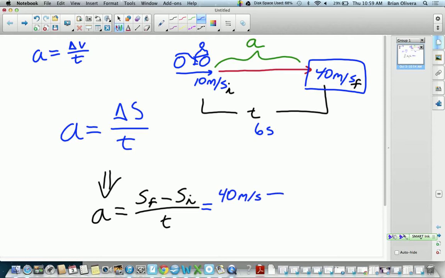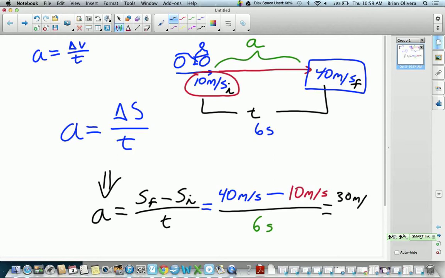If I subtract our initial speed of 10 meters per second, and then divide that by the time that it took, which was 6 seconds, that is going to give me an acceleration, right? Because 40 minus 10 is going to give me 30 meters per second divided by my time of 6 seconds.